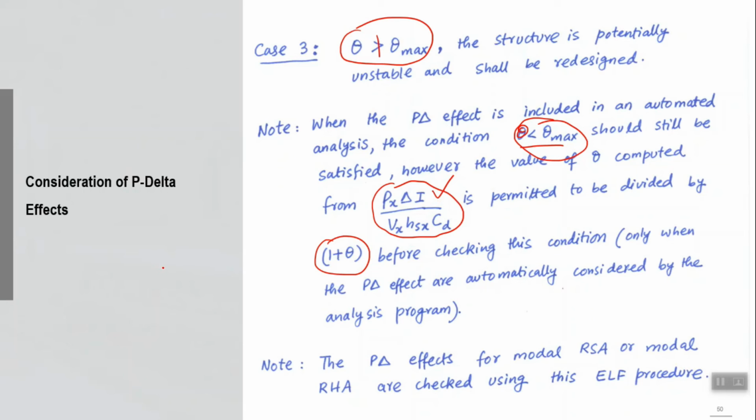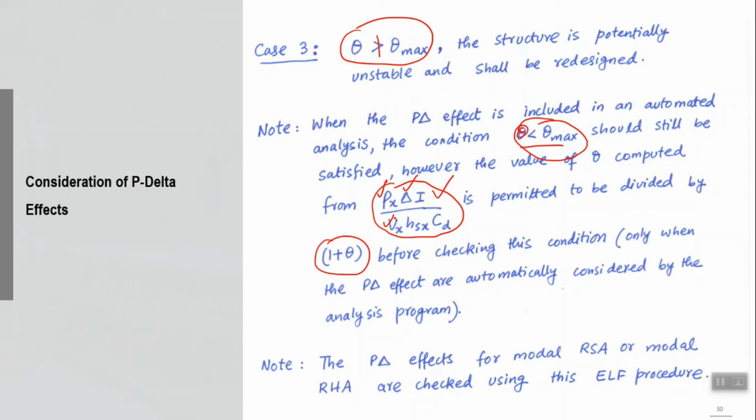So let's say that you run the analysis and you automatically include the P delta effect and you get some values of Px, Vx and delta, because these will be coming from the analysis.